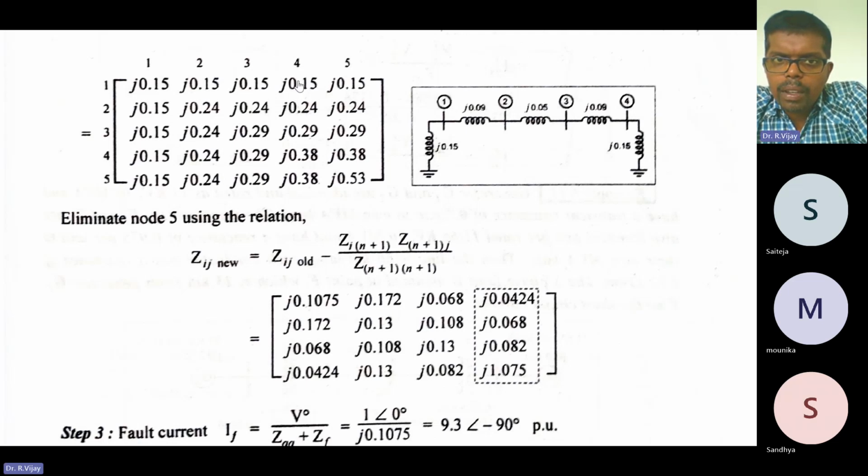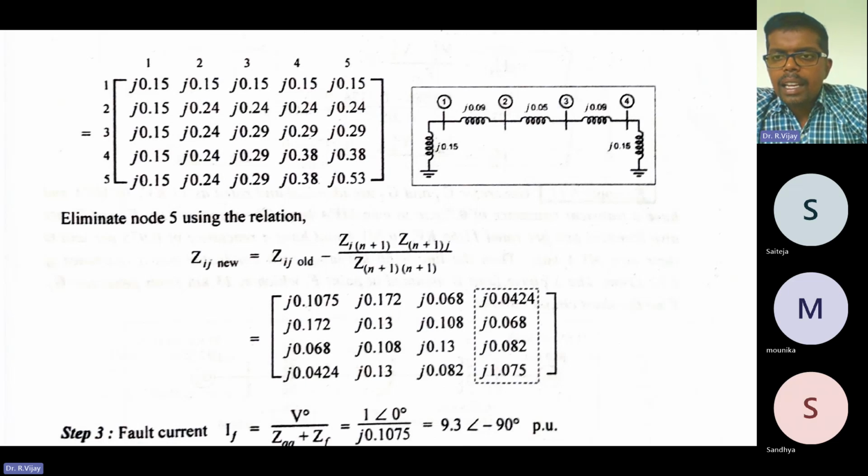This one alone is connected in parallel. So here we are just adding all these things. Take your scientific calculator and add them, and you'll get the answer as j into 0.38.